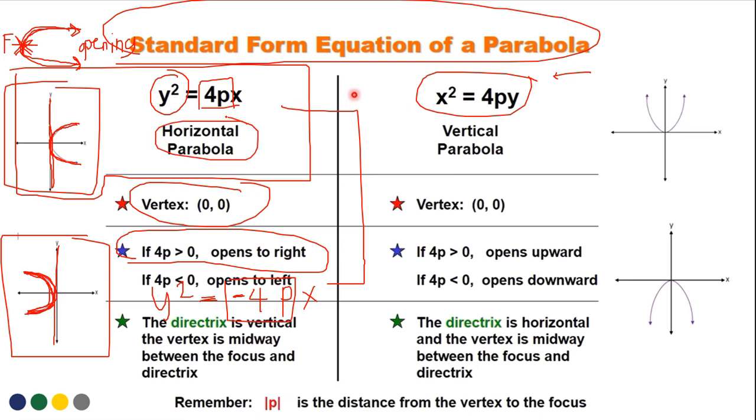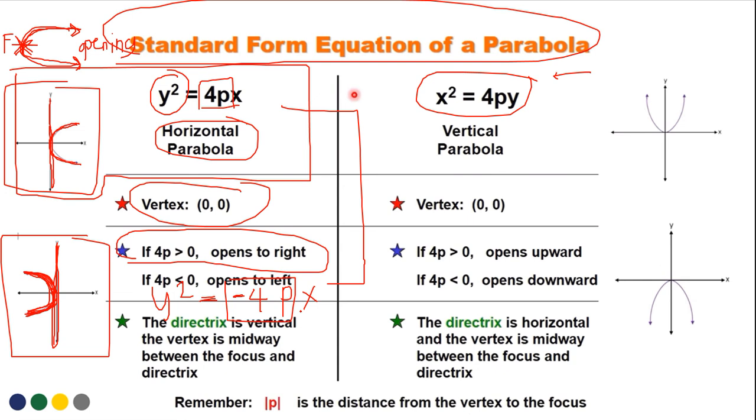Kapag tinanong yung opening, ma-identify mo na kung siya ay vertical or horizontal. Pero kung front ang pinag-uusapan, dun mo ma-identify kung anong formula ang gagamitin mo. Kasi since nakaharap siya sa y, yung y ang may square. Simple as that. Yung directrix po is always a vertical.